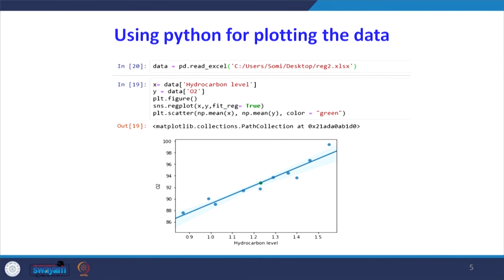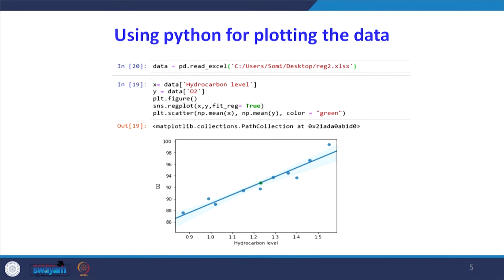Then I use plt.figure, then sns.regplot with x comma y, fit_reg equal to True. Then I use plt.scatter with np.mean of x comma np.mean of y, color equal to green.